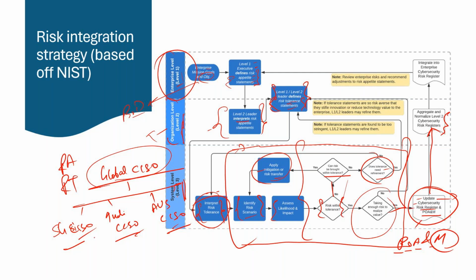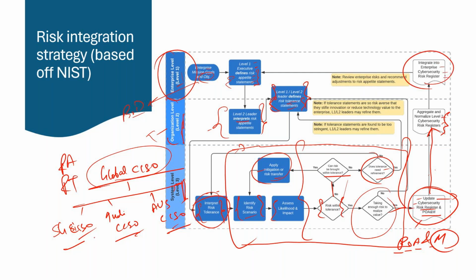Or in a few cases, which are operating on a much larger scale than other companies, the risk register on level 3 and level 2 would be completely different. And in those cases, the risk register from level 3 would be aggregated with the level 2 risk register, and then ultimately it would be integrated with the overall enterprise cybersecurity risk register.